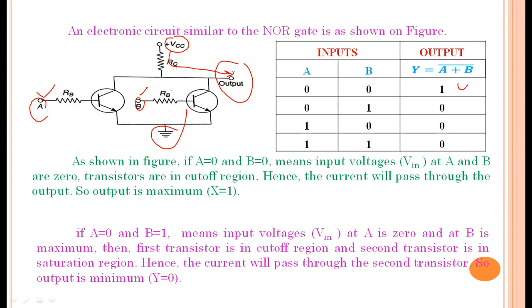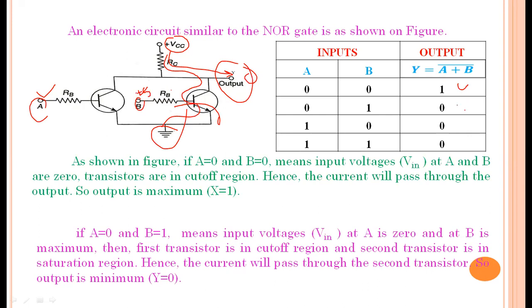B is equal to 1 means the base terminal of transistor 2 is connected to 5 volt, so transistor 2 is in the active region. The current will flow through transistor 2, so all the current from VCC passes through transistor 2. So the output is 0.